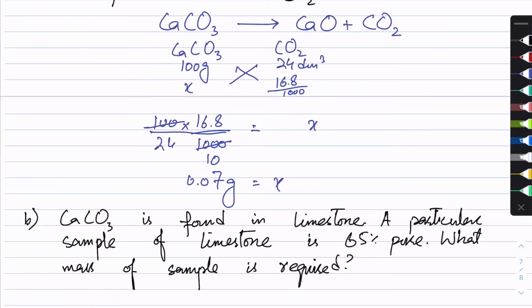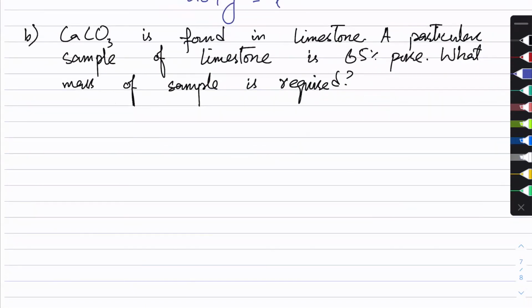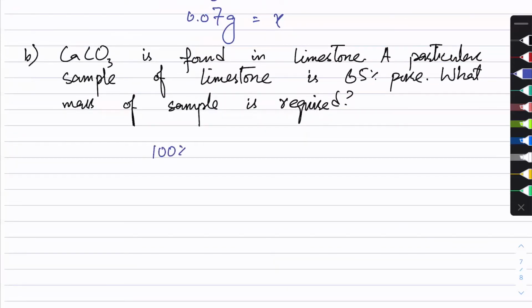They're saying that calcium carbonate, which is just calculated, is found in limestone. And you have limestone that is 65% pure. They've already told you the purity. You have 0.07 grams, and they've told you that the thing where you get it from is 65% pure. So what mass of that will you need? Now, for purity, I would suggest we use a ratio method, and that's pretty straightforward. If this was 100% pure, I will need 0.07 grams. So if it is 65% pure, I will need X grams.